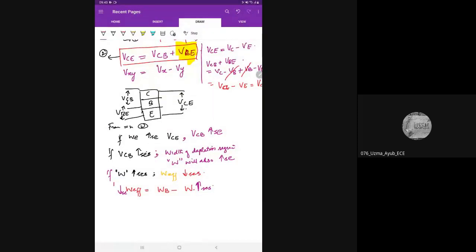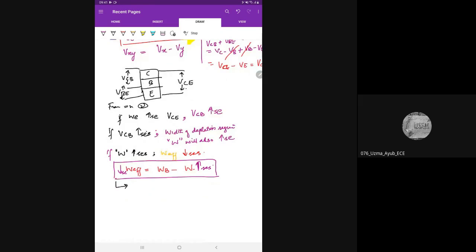Now see this phenomenon, when the width of the depletion region increases and the effective width decreases. This is known as base width modulation. Basically, we are trying to modulate the width of the base junction. The base junction's actual width is constant, but the effective width changes with the change in the depletion region and with the change in VCB.